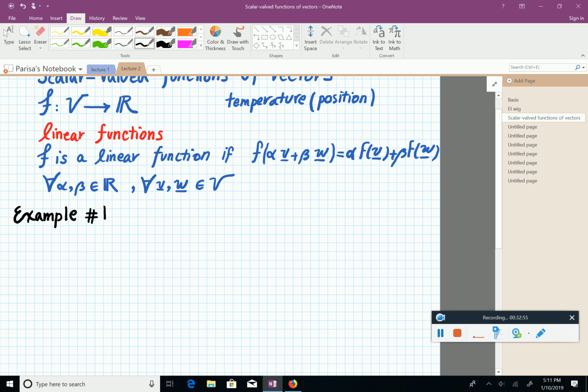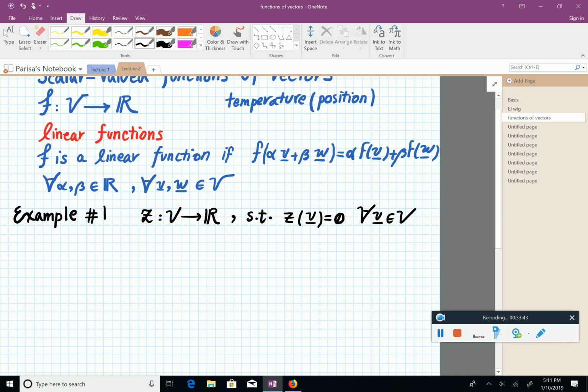So I define a function z such that it maps every vector that it gets into 0. The question is whether this is a linear function or not. This is the number 0. I should have used my usual 0.